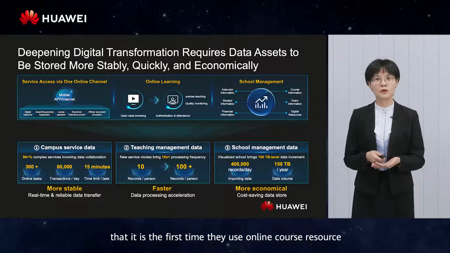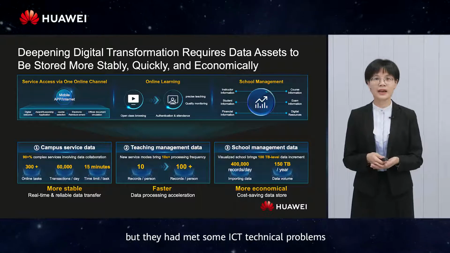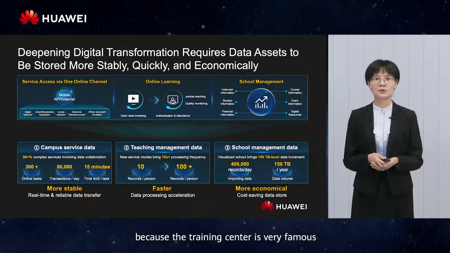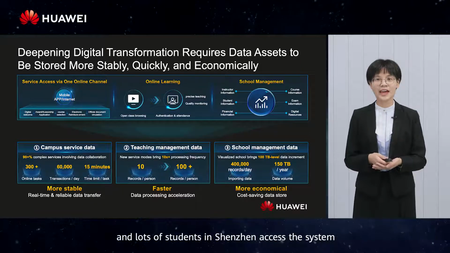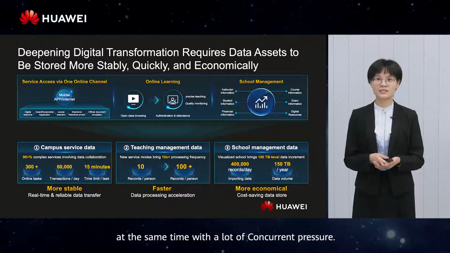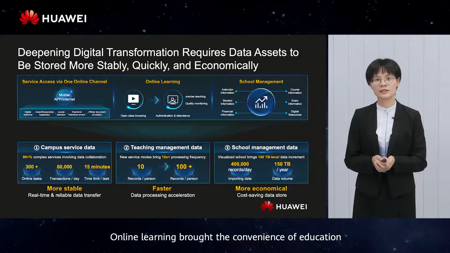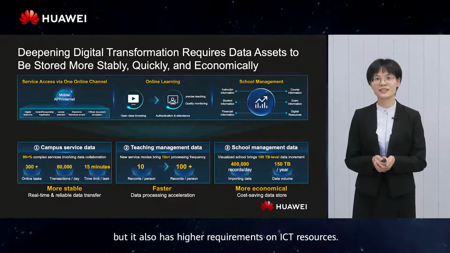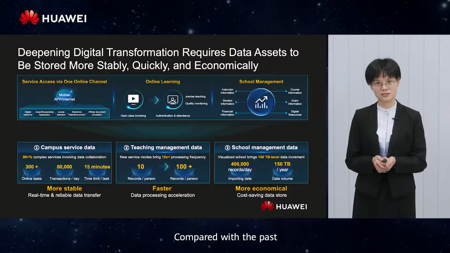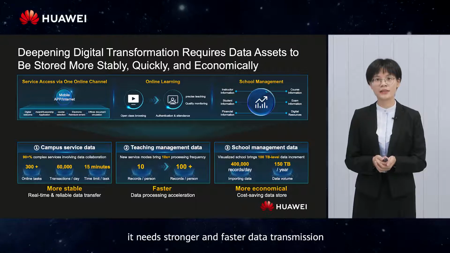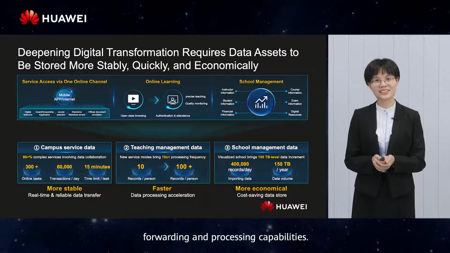It was the first time they used online course resources, and they had met some ICT technical problems because the training center is very famous and lots of students in Shenzhen accessed the system at the same time, with a lot of concurrent pressure. Online learning brought the convenience of education, but it also has higher requirements on ICT resources compared with the past. It needs stronger and faster data transmission, forwarding, and processing capabilities.